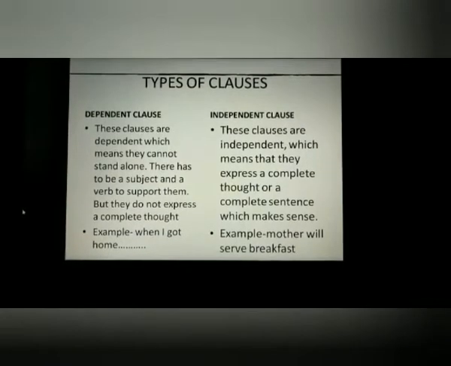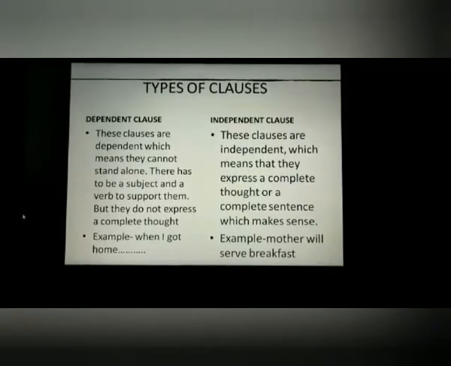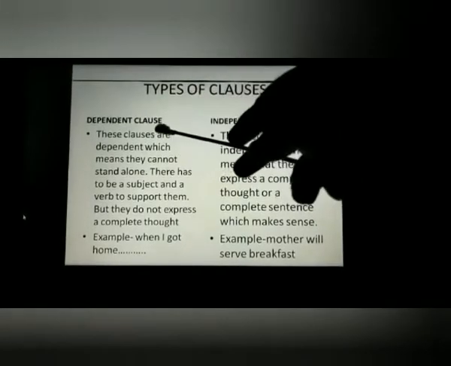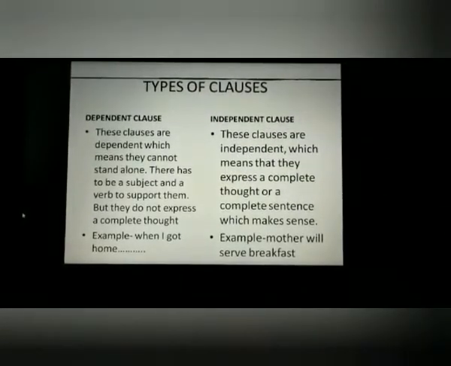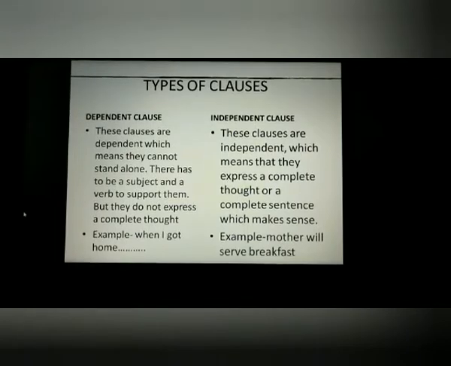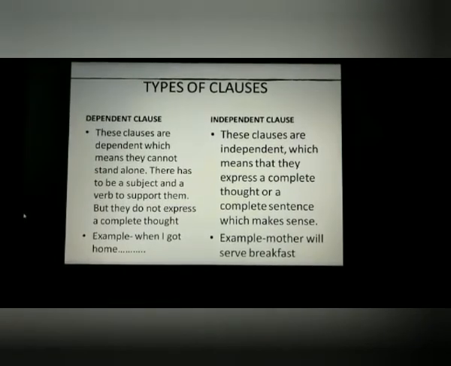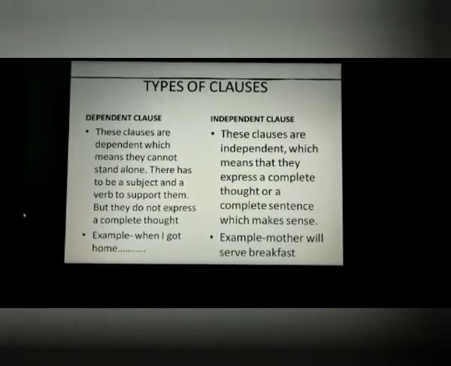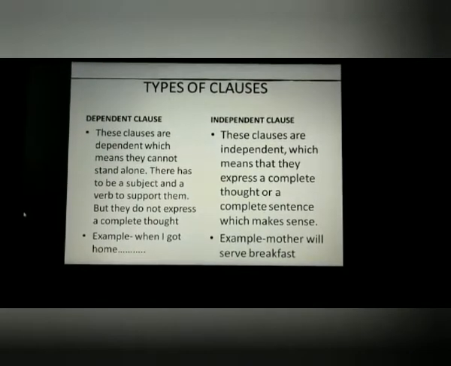Now, what are the types of clauses? There are two types of clauses, dependent clause and independent clause. What are dependent clauses? These clauses are dependent, which means they cannot stand alone. As you have seen in plants also, they have climbers. In the same way, we have dependent clauses. They depend on another subject or verb to support themselves.